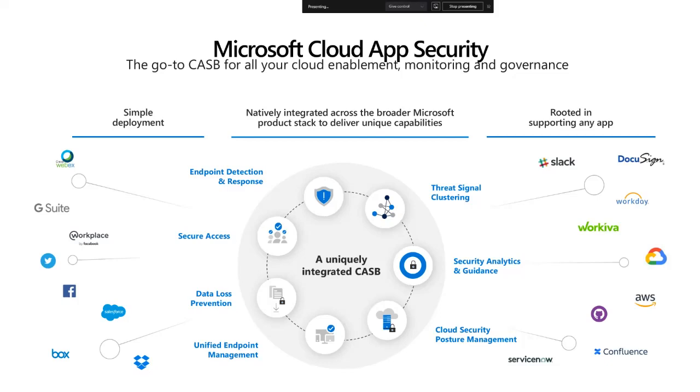Our unified endpoint management, so being able to scope out your conditional access app control policies to look for things such as non-compliant devices. We have our cloud security posture management, so not only surfacing recommendations for Azure, but for other cloud platforms such as GCP or AWS, leveraging the CIS benchmarks. And then lastly, we have our threat signals.